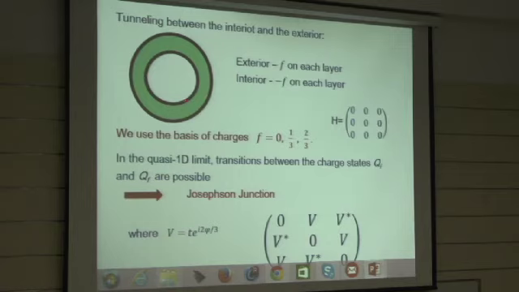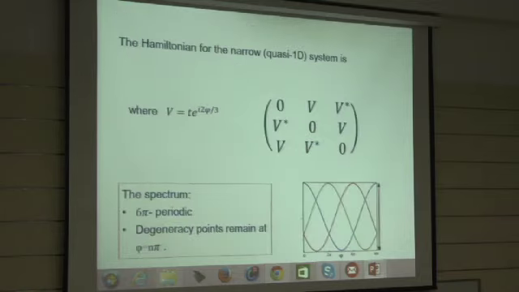But now, as we make it thinner and thinner, there will be tunneling matrix elements that tunnel charges from the exterior to the interior. And we can calculate the effect of this tunneling matrix element. It basically boils down to diagonalizing a 3x3 matrix.